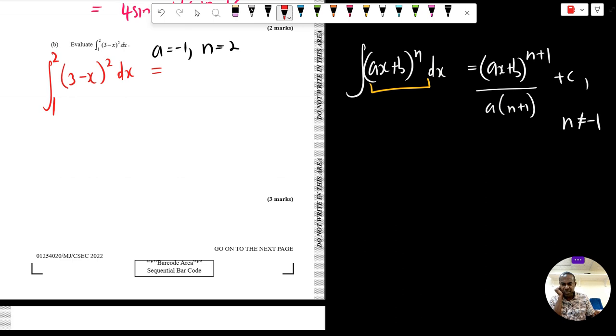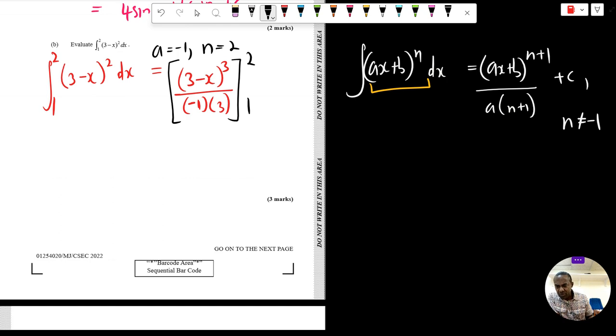So with that in mind, we can say that this is equal to (3 minus x) cubed divided by minus 1 times 3. So that is the integral of (3 minus x) all squared. But of course, because it is a definite integral, we have to evaluate this between our limits 2 and 1.